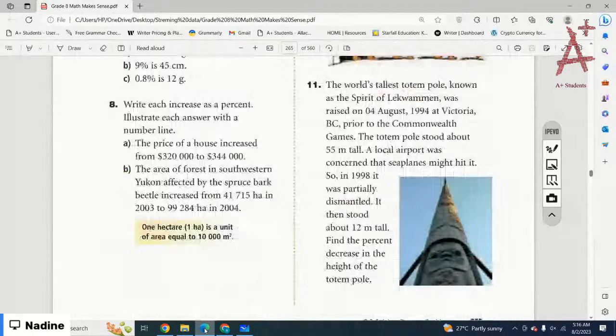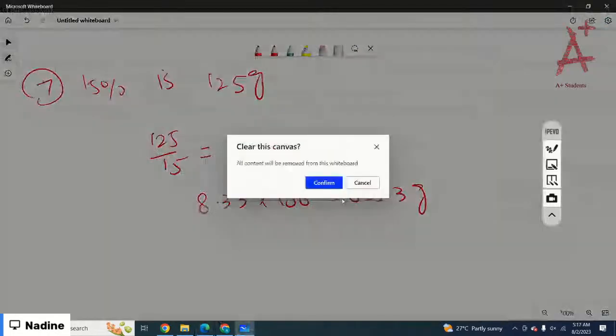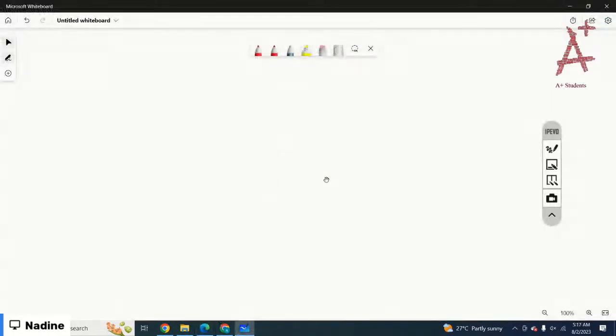Okay, originally it was 55 meters. Now it is just 12 meters. You have to calculate the percent decrease, right? So the height decreased from 55 meters to 12 meters, meaning the decrease was 55 minus 12, which is 43 meters.